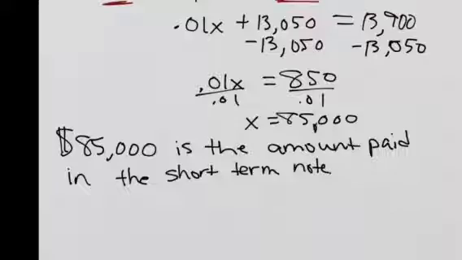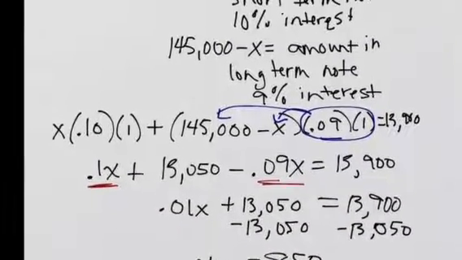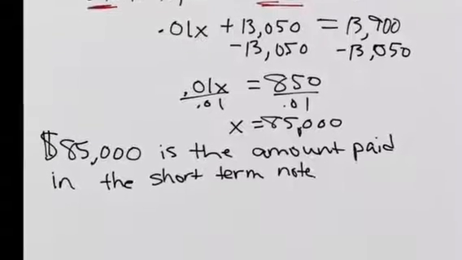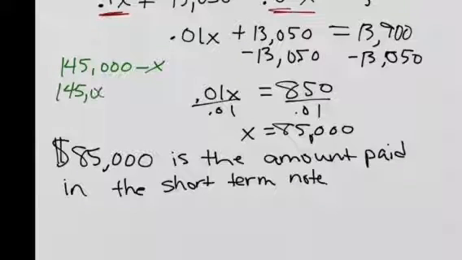Then to find the amount paid in the long-term note, again, we'll look back up at our key here. And the amount that was paid for the long-term note is $145,000 minus x. So to find that number, we'll say $145,000 minus x. That's $145,000 minus $85,000.